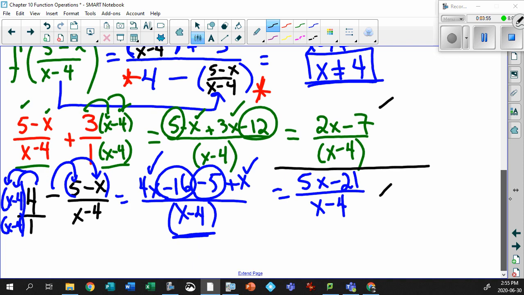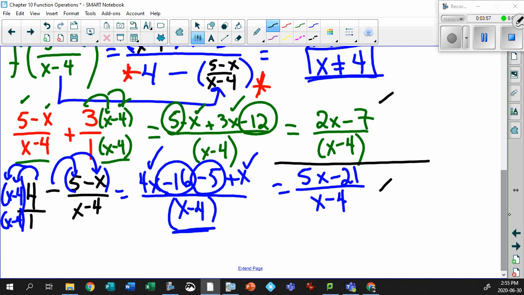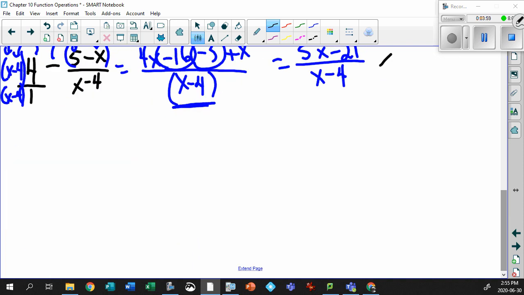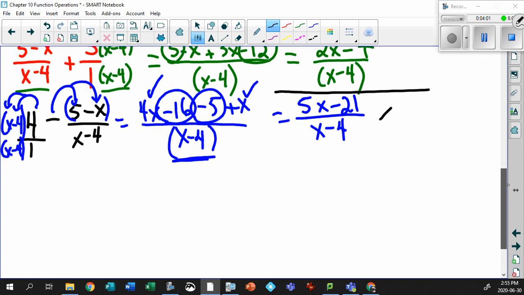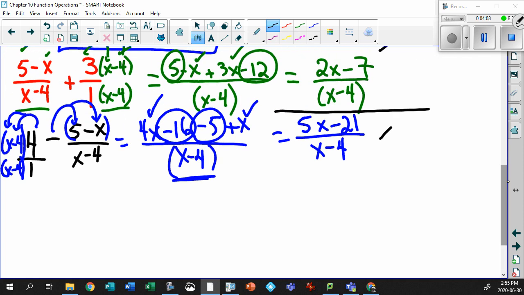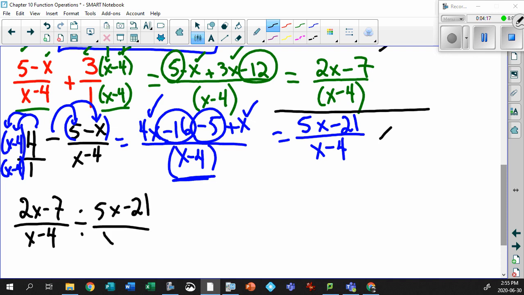Huh, well, how do I do that? Okay, wait a second. I'm going to rewrite them here, okay? We know that this is (2x minus 7) over (x minus 4), right? This is going to have to be divided by (5x minus 21) over (x minus 4), right? So there's our non-permissible values taken care of right there.